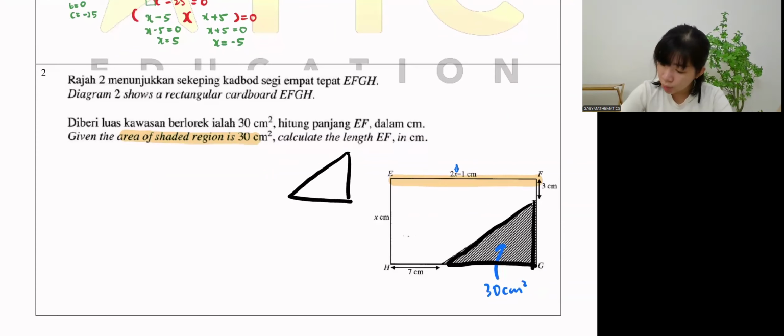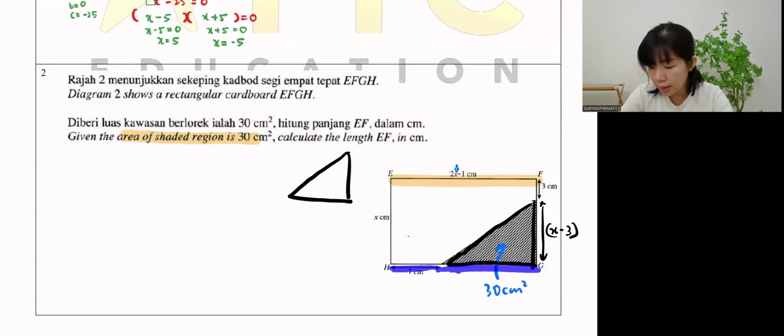We know that this is X. We know that this is 3. So we know that this is X minus 3. Okay, then we need the base. The base which is here, this whole thing 2x minus 1. And this is 7. What is the remaining here?